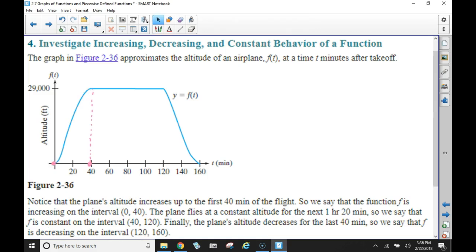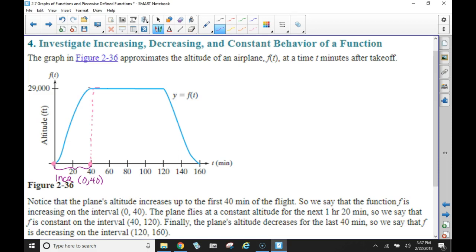I didn't do very good on that, did I? Okay, there we go. We're supposed to know that in that interval, the function is increasing on the interval from 0 to 40. It doesn't matter that it goes up to 29,000, okay?